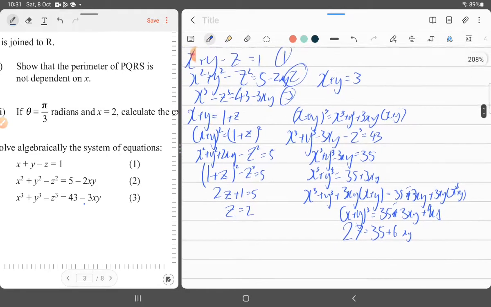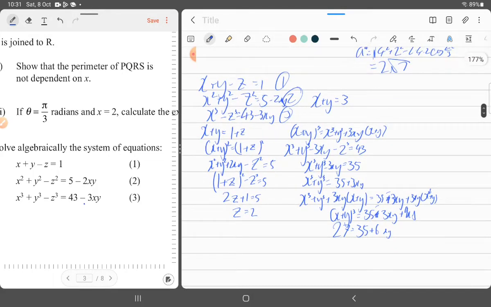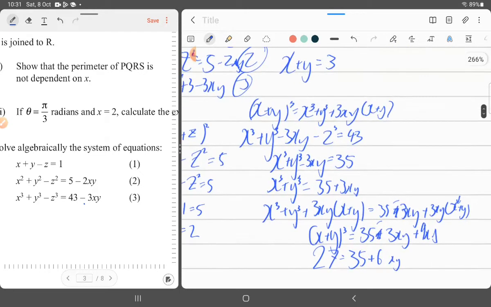X cubed plus y cubed take away 3xy is equal to 35. Yeah, that should be true. Plus 6xy equals 35.